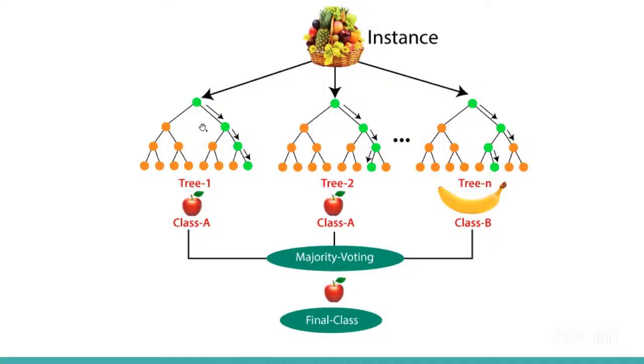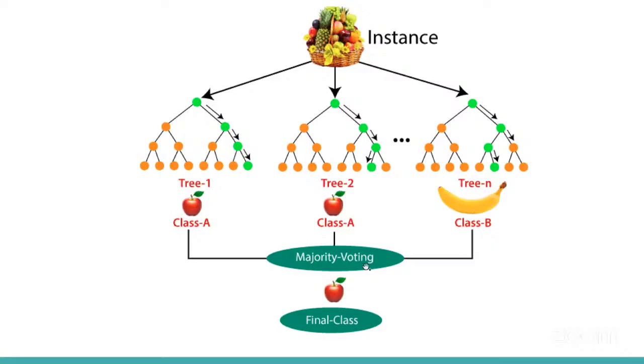Instead of one person asking multiple questions, I say let me ask different people to look at this fruit basket. One might be colorblind and cannot see red and he can say it's banana or something. So you ask multiple people to look at the same fruit basket and let them choose whether there is a banana or apple.